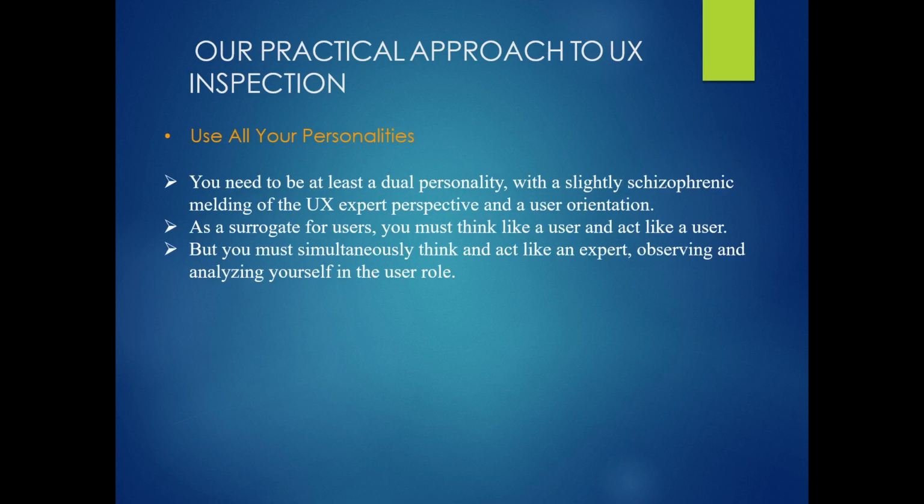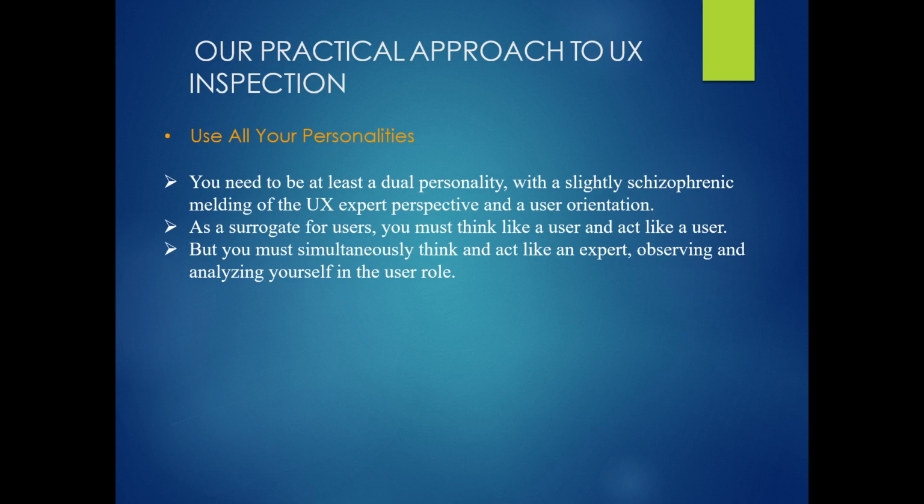Next, it says that you need to use all your personalities while doing UX inspection. It says that you need to be at least dual personality, with a slightly schizophrenic melding of the UX expert perspective. You just need not think in terms of UX expert, but you need to think in terms of UX expert perspective as well as user orientation perspective.